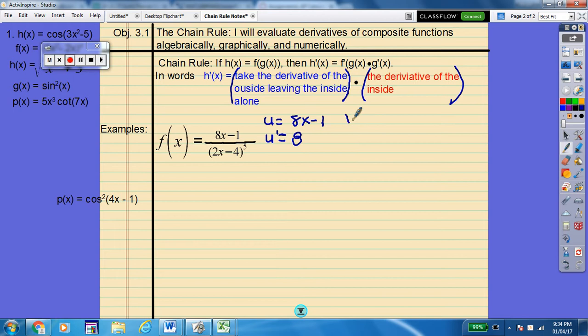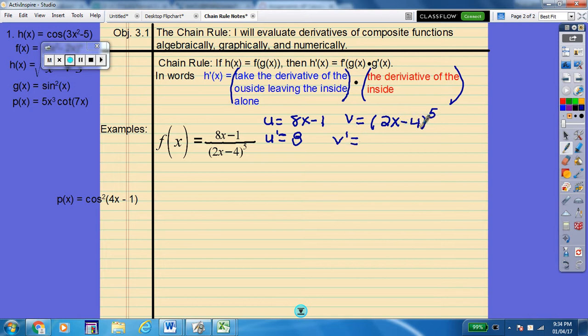And then v is going to be, and this is where the chain rule is going to make its appearance, because you see I have a function, 2x minus 4, inside of another function which is to the power of 5, and to take the derivative of that function I'm going to use chain rule.